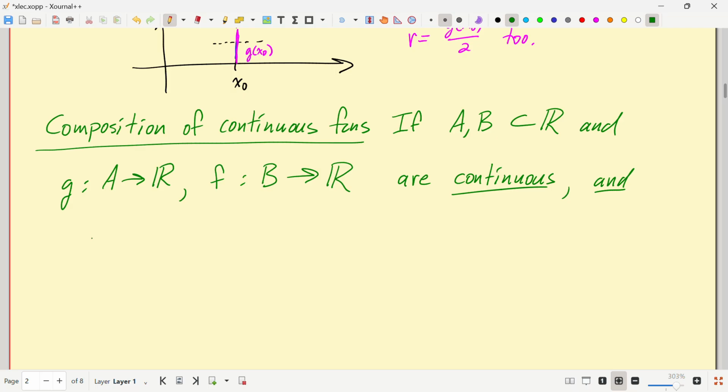And we need to know that G maps A into the domain of F. Then the composition is continuous.